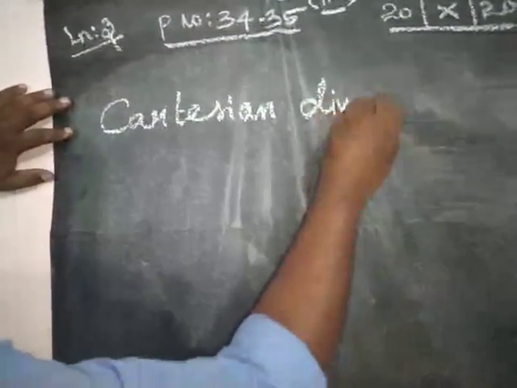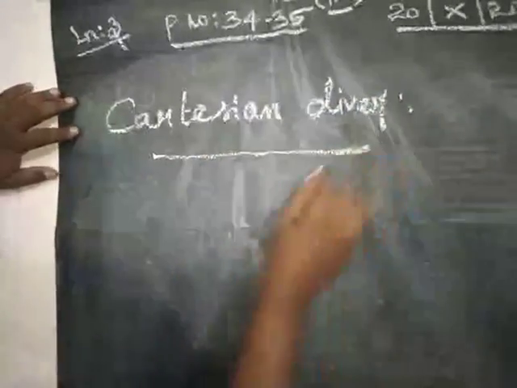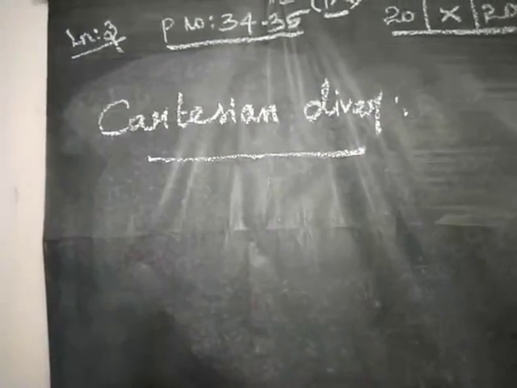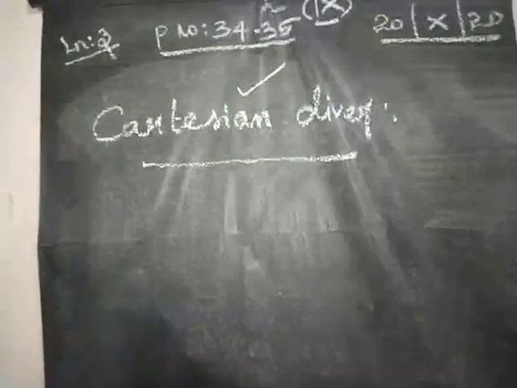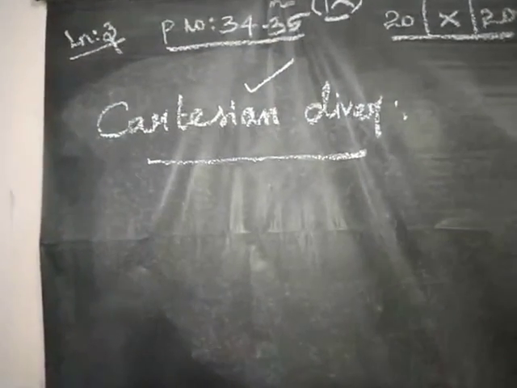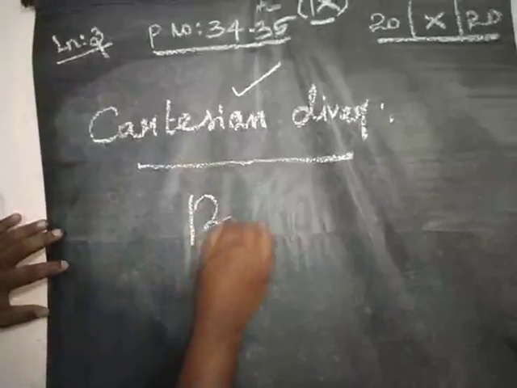Cartesian diver. Cartesian diver is an instrument used to demonstrate the principle of buoyancy.